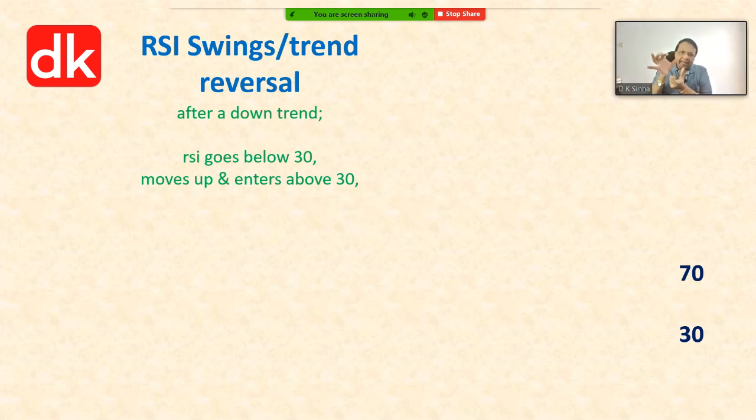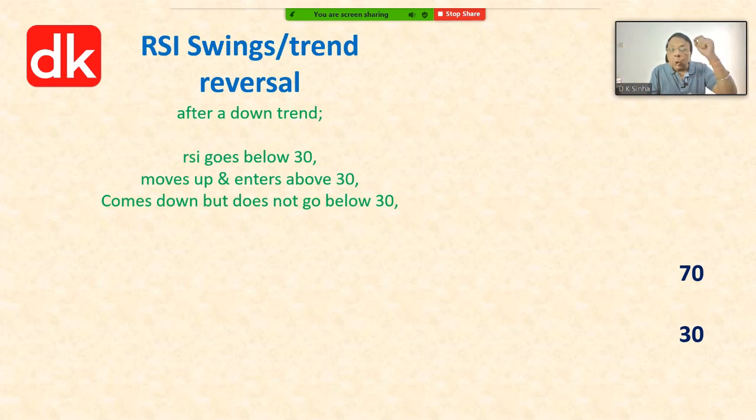You have to find that area. It goes below 30 and then swings up and crosses above 30. And the third step is that it again comes down because the price correction is taking place. But this time when RSI corrects, it does not go below 30. Got it?